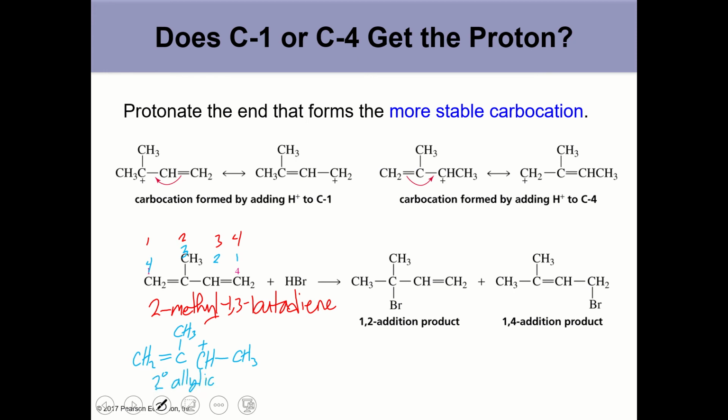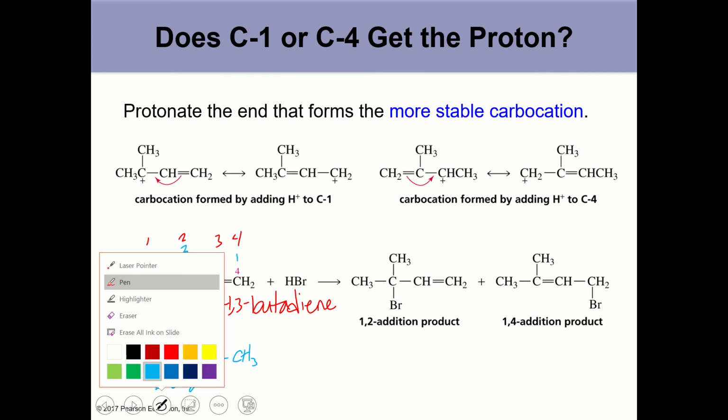And we said that a primary allylic is less stable than a tertiary allylic. So a tertiary allylic is the most stable, then secondary allylic is next, and then less stable than secondary allylic is primary allylic.